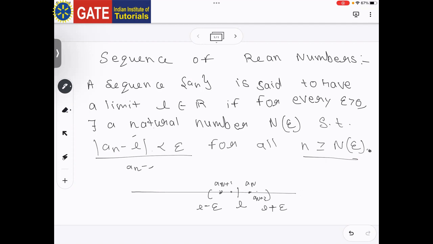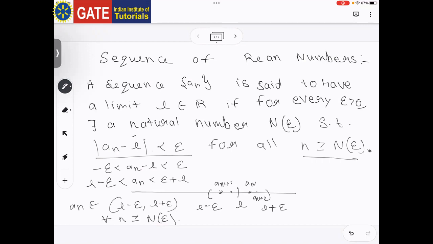It tells you |a_n minus L| is less than epsilon, so a_n is between L minus epsilon and L plus epsilon. That means a_n belongs to the interval L minus epsilon to L plus epsilon for all n greater than or equal to capital N. That is, after some time, the sequence will be inside this interval. That's what convergence means.